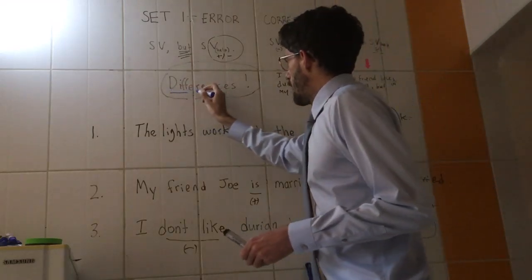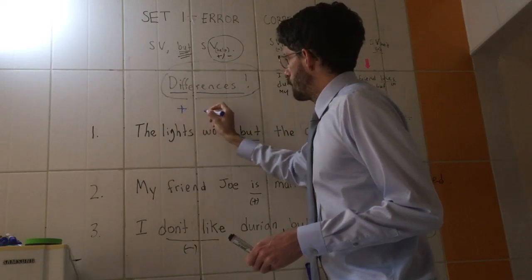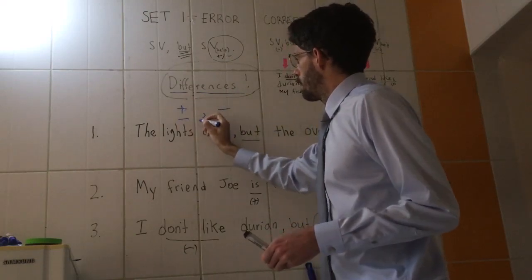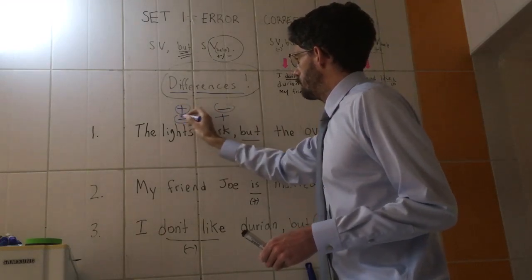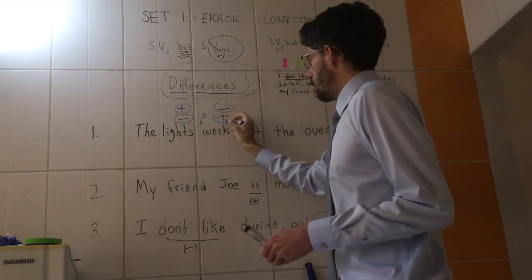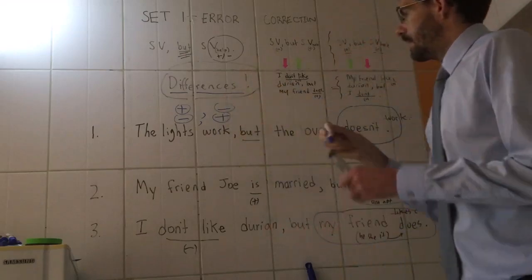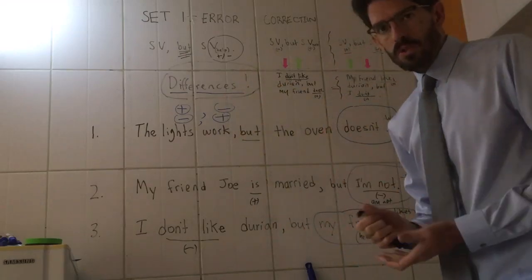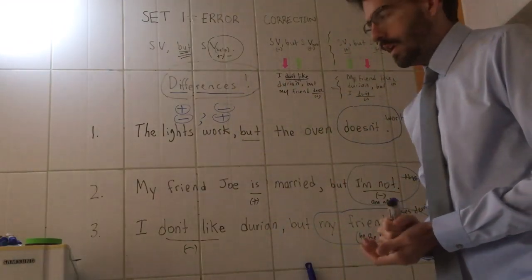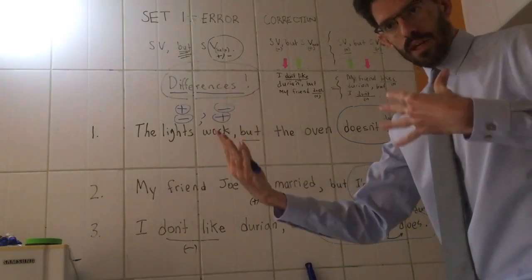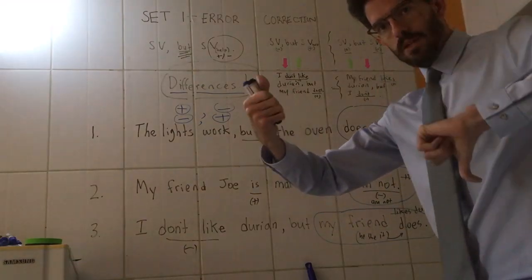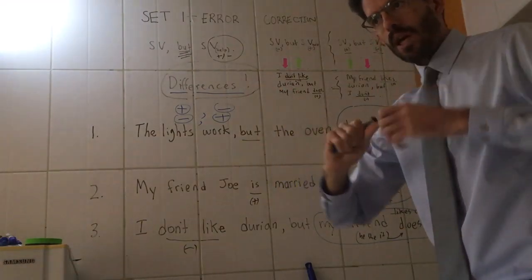This is for talking about differences. If you have positive information and negative, or negative and positive. So this is how you can write reduced compound sentences when you want to compare people, places, or things that have the opposite information, okay?